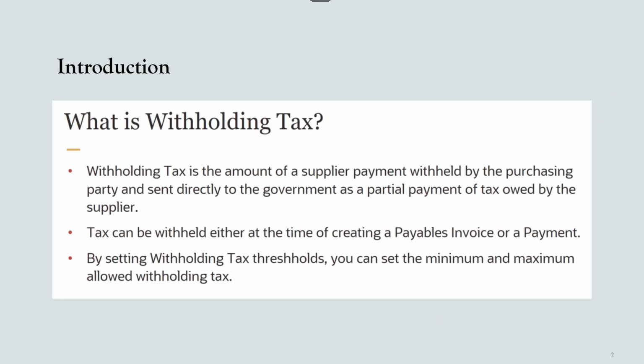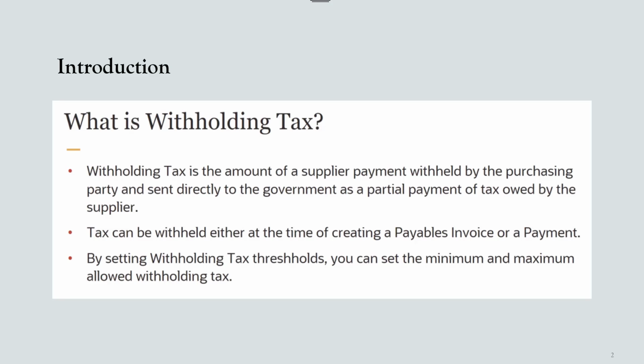What is withholding tax? This is the amount of a supplier payment that's withheld by the purchasing party and sent directly to the government as a partial payment of the tax owed by the supplier.